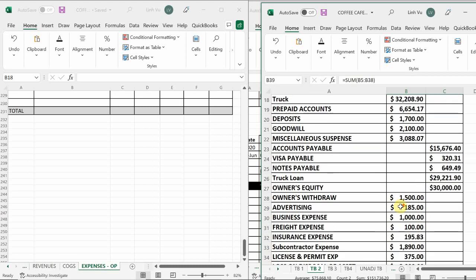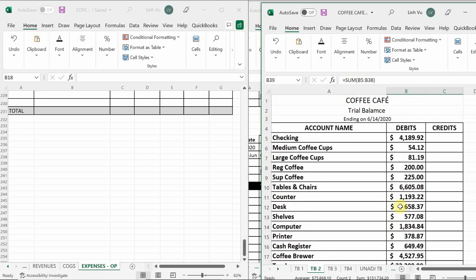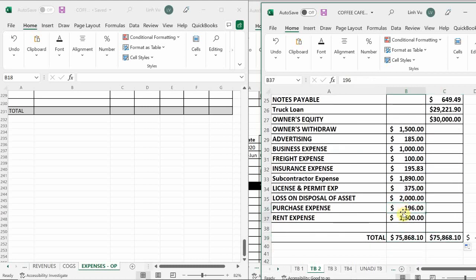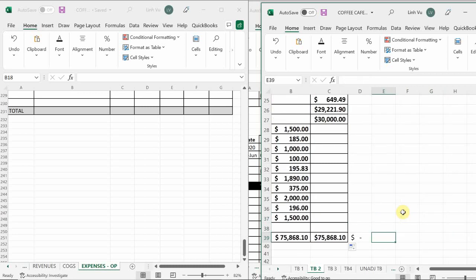Okay. All right. If you guys have a discrepancy, use my idea where I check what my difference is between my total debits minus my credits, and you'll get an account balance right here.